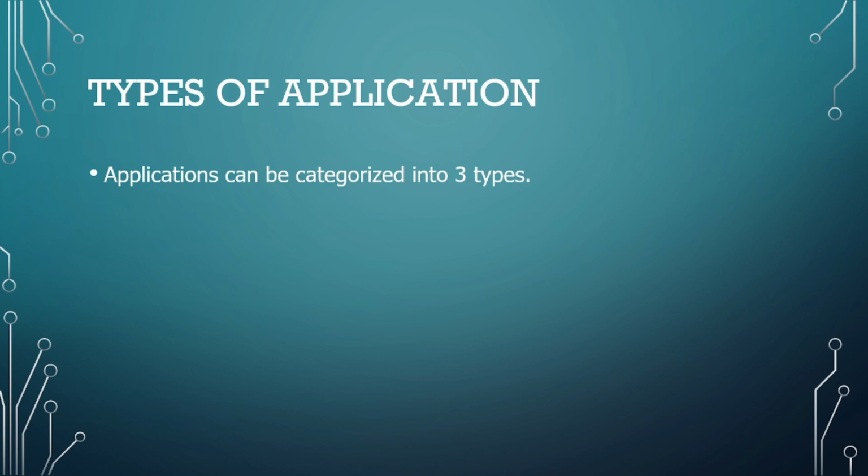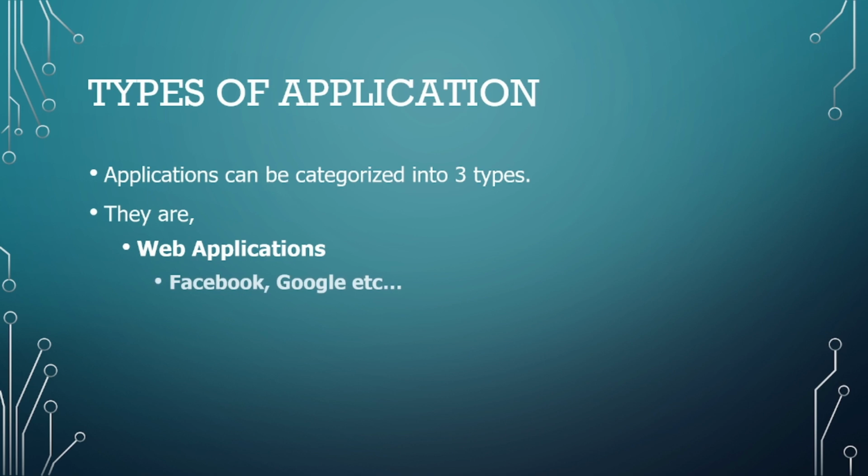Now let's talk about what types of applications are available in the market. Applications, especially in the IT industry, are categorized into three types. They are web applications, for example Facebook, Google. Web applications are those we can use with the help of the internet, for example Facebook, Google, Gmail, etc. The second type is desktop applications.